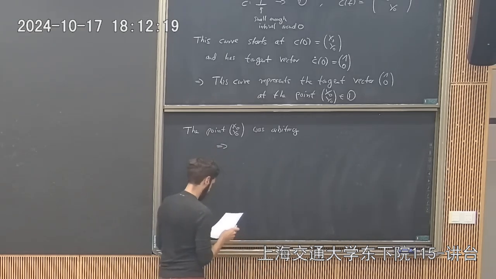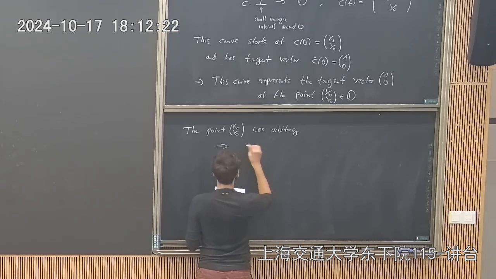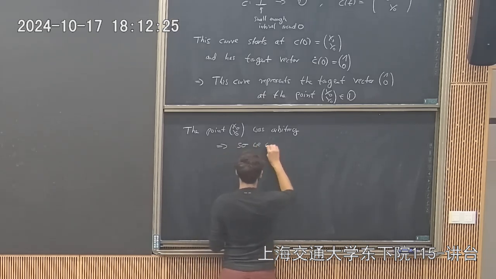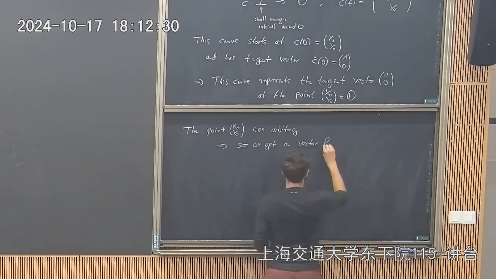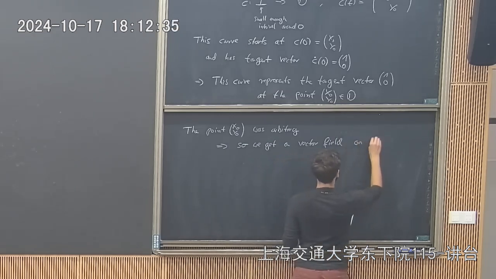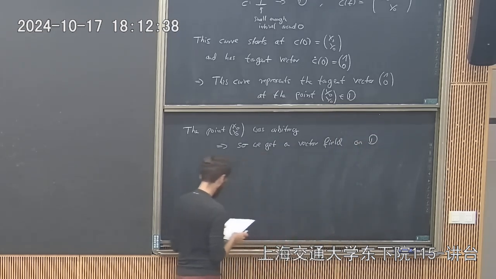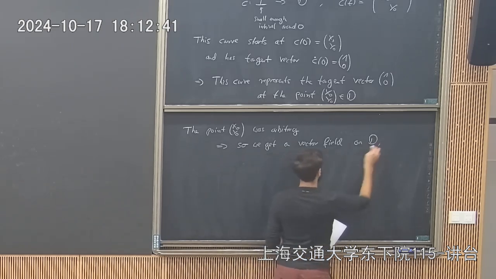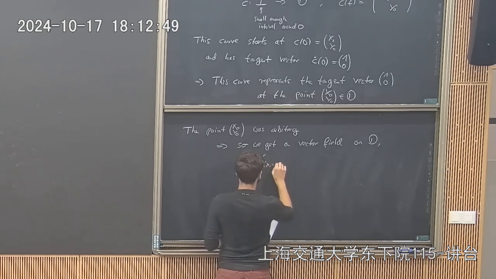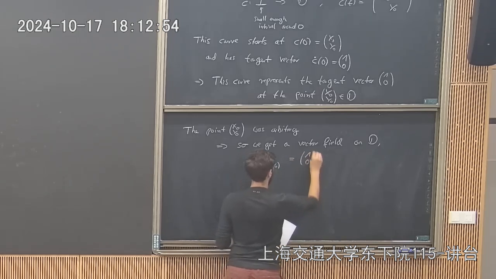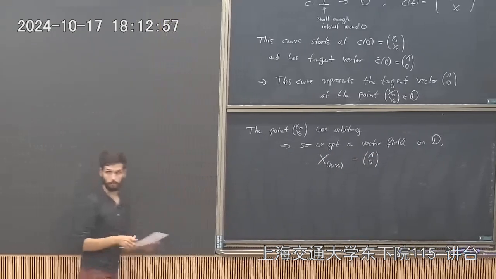We can do the same construction at every point. So we get a vector field on D. And it's a vector field such that if you plug in x and y 0, then it's just a constant vector which points in the (1, 0) direction.